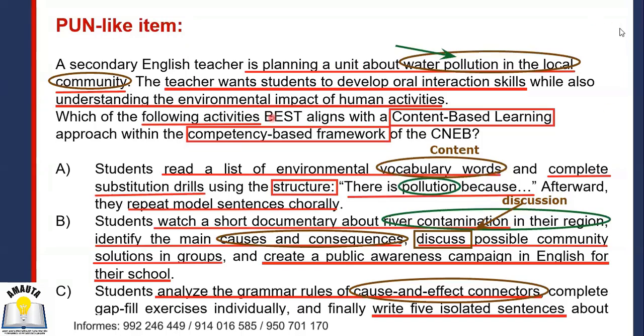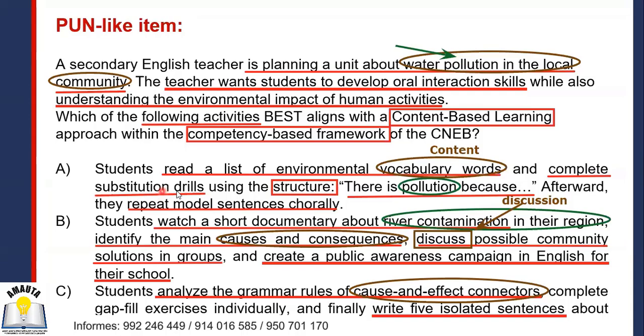Again, the question is which of the activities best aligns. My dear teachers, letter A is the distractor. The content here, that is the vocabulary list, doesn't promote real communication, use of language in a communicative way, because they don't produce language. Here they repeat, they reproduce something from a model.